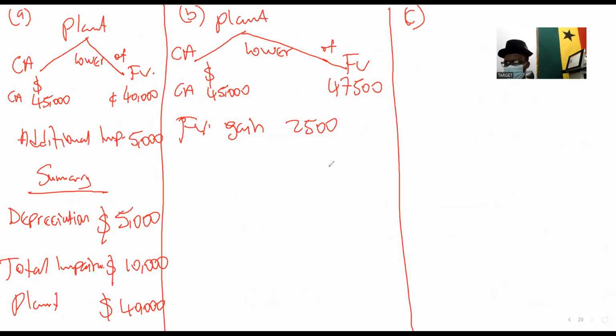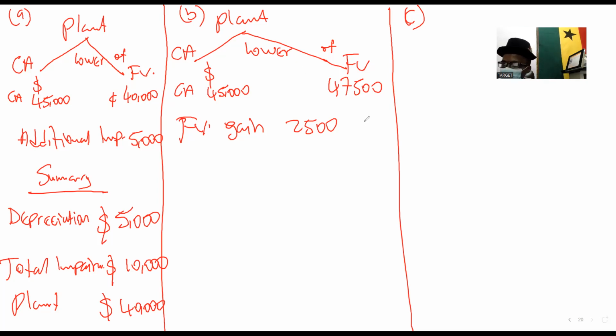So there will be a gain of 2005. So you record again. So in summary, the gain goes to OCI. But here, we cannot record it in OCI unless all the previous impairment loss has been waived off.